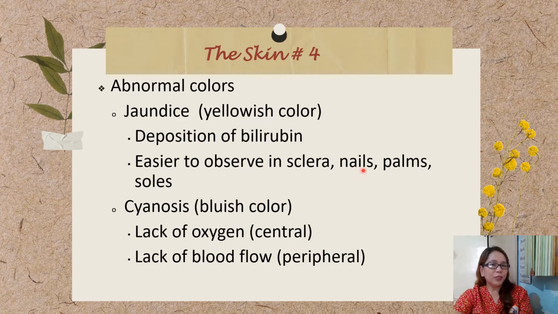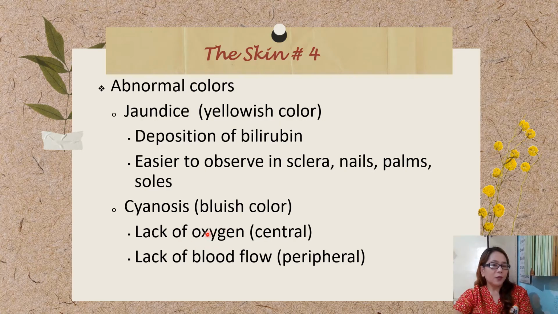Okay. Do not be confused with a patient who has a darker complexion, okay? It is normal for them to have a slightly yellowish sclera. So you have to double check for that. Okay. But to check if there is jaundice, you might need to check the palms and the soles or the nails.